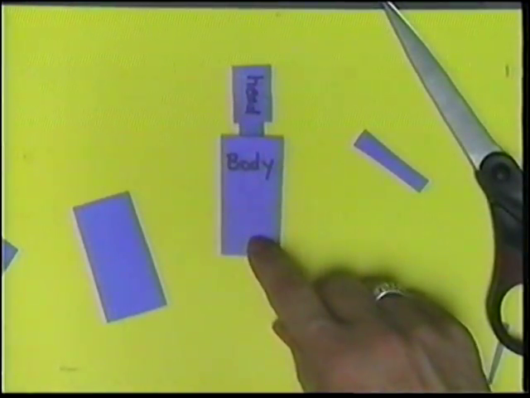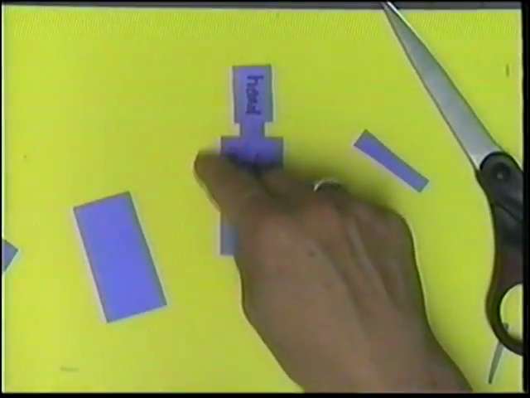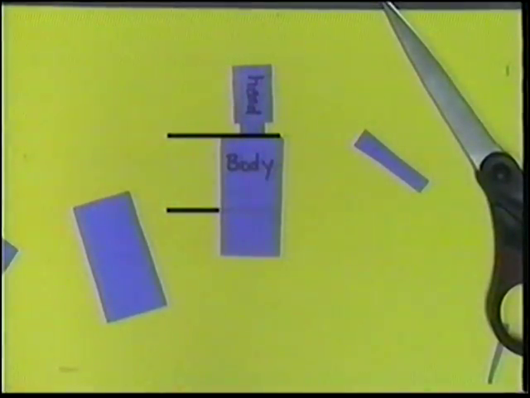Now, we're going to do the arms, and let's take our live model again and have that live model put their arms down beside their body and bend at the elbow. And we discover that your elbow is about even with where your waist is.